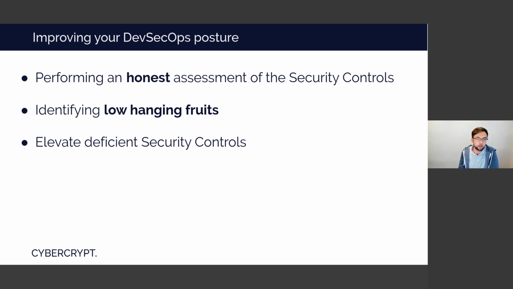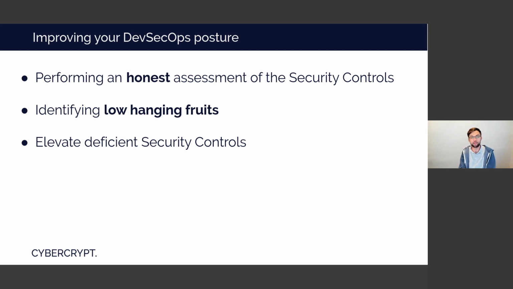There is a framework that you can use, but it's very diluted because we are under some time constraints. So basically, I can put it down in 3 points. The first point being that it's important to perform an honest assessment of your security controls, of your cloud security controls.